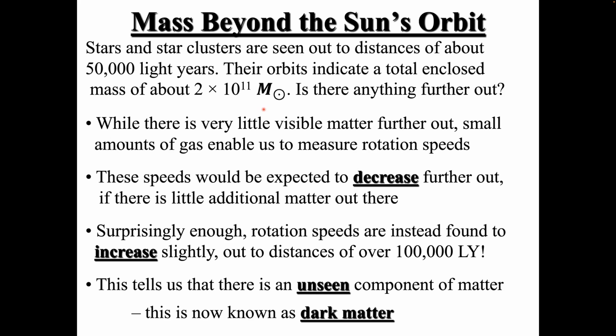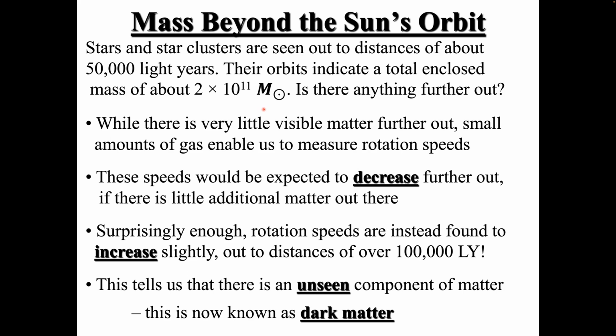I hope all of you can understand this according to rotational motion. In circular motion, the matter is becoming less when you go towards the outward region, so the rotational speeds should decrease. That is our assumption, or that is what we know from our physics knowledge.